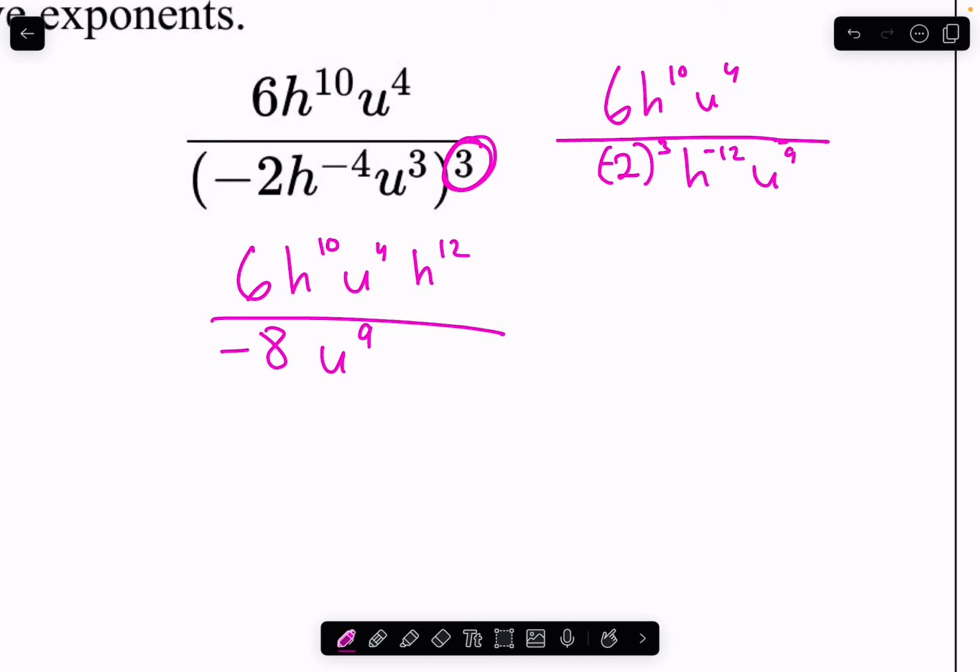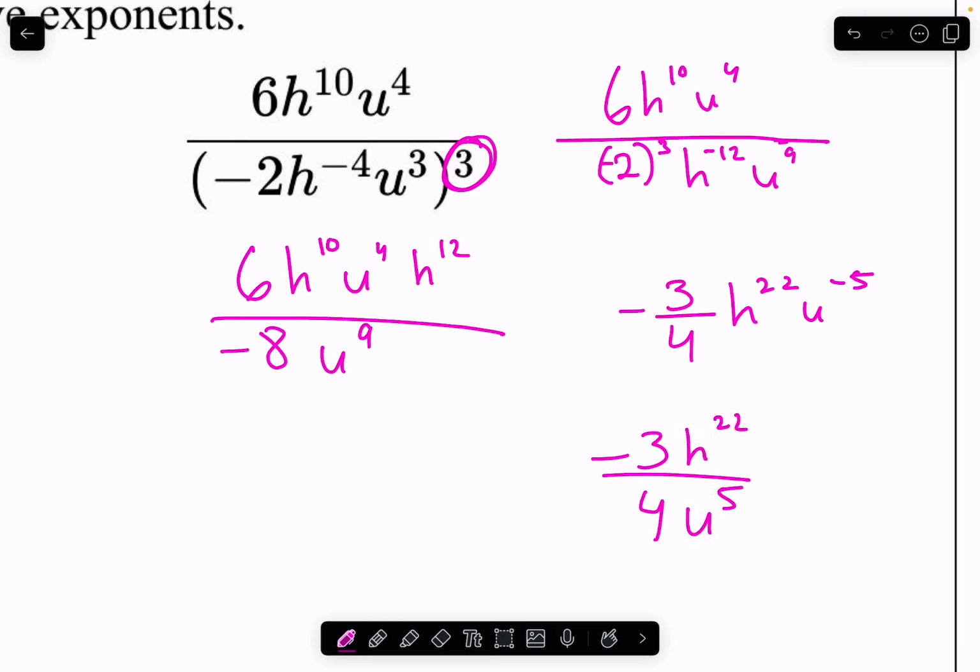That is going to simplify to negative 3/4. And then on the top here, when I combine like terms, I end up with h to the 22nd. And then I do top minus bottom, and I get u to the negative 5, which we can't leave like that. So we're going to put our positive exponents on top, our negative exponents on the bottom.